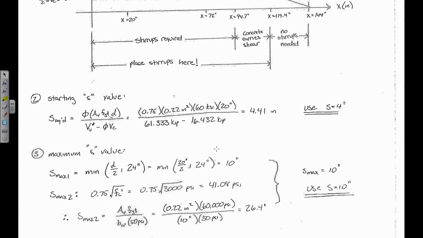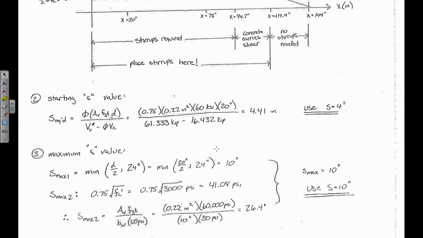And so we take Av fy divided by bw, and then times the maximum of whatever this is, or 50, came out to be 50. So 0.22 times this divided by 10 times 50. Make sure you're consistent with your units, because this fy has to be in psi, this has to be in psi, and it comes out to be 26.4. So between these two, the maximum's 10 inches. Is everybody okay with that? Did I go too fast? Everybody good? Okay.